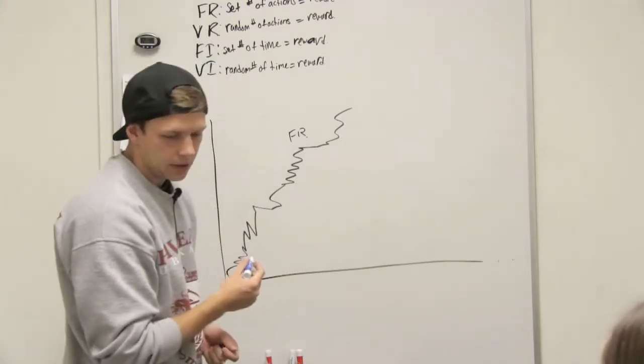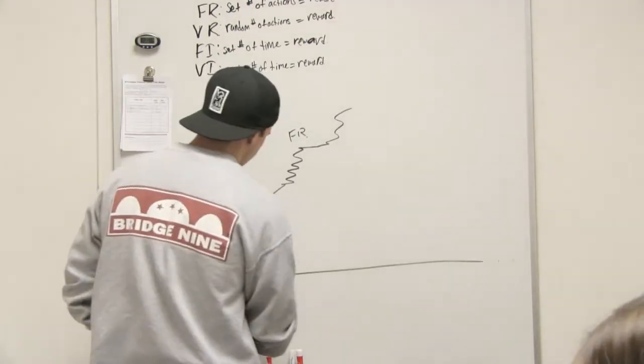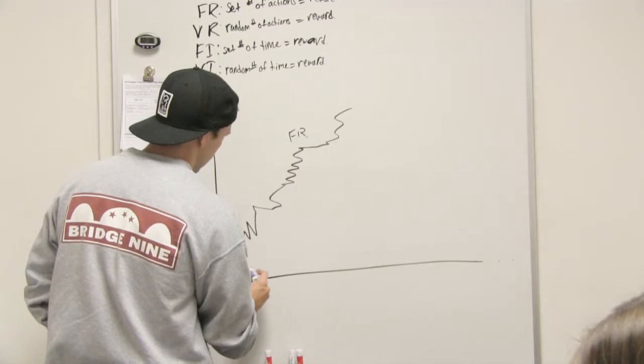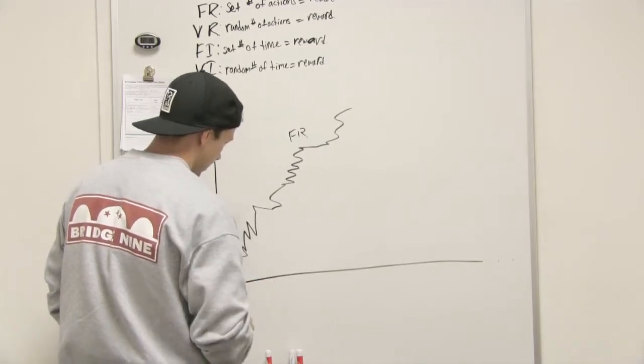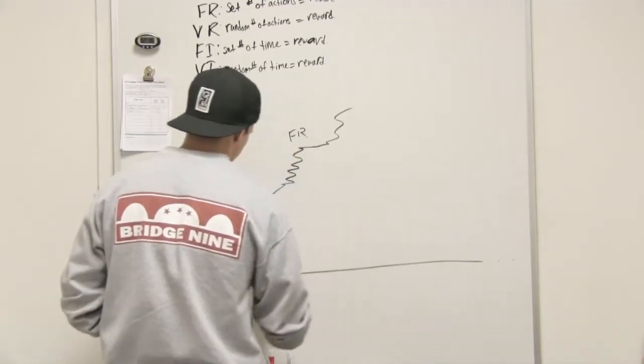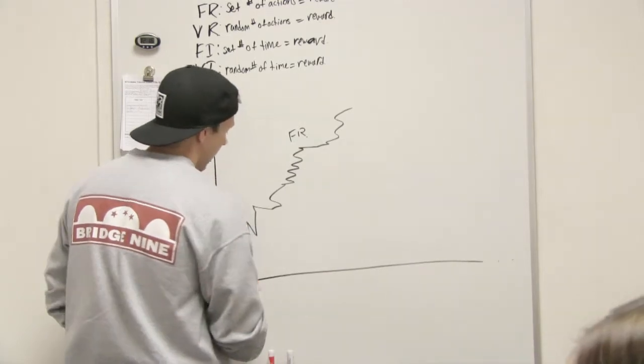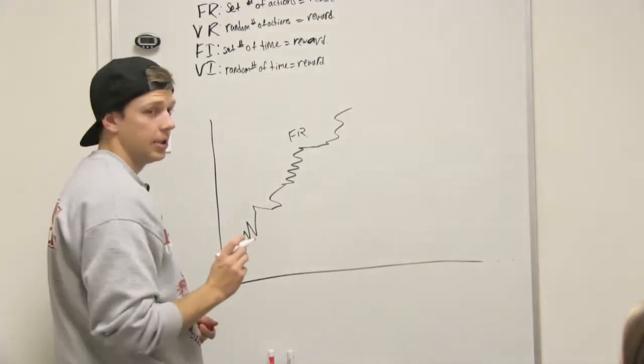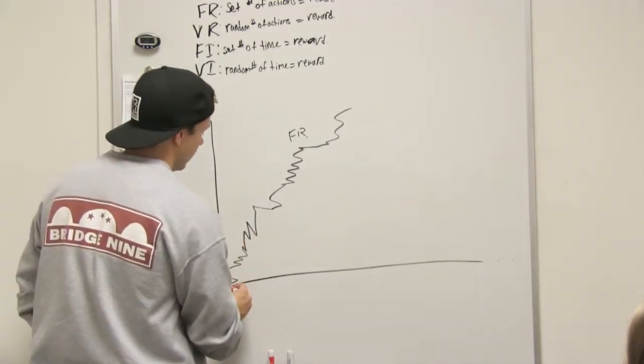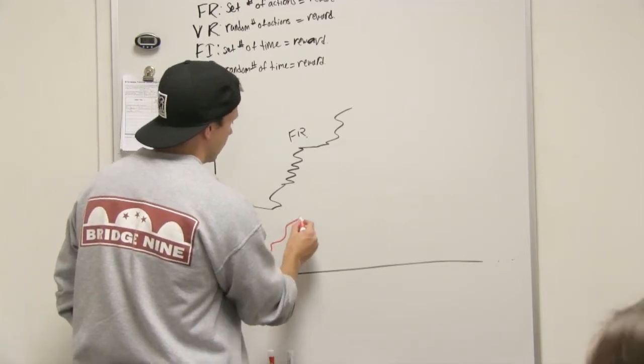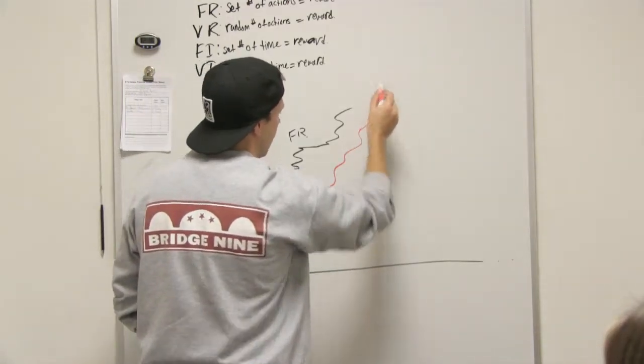Then we have variable ratio, which looks more like this. Not as steep, it just doesn't increase as much. It kind of looks like this the whole way up.